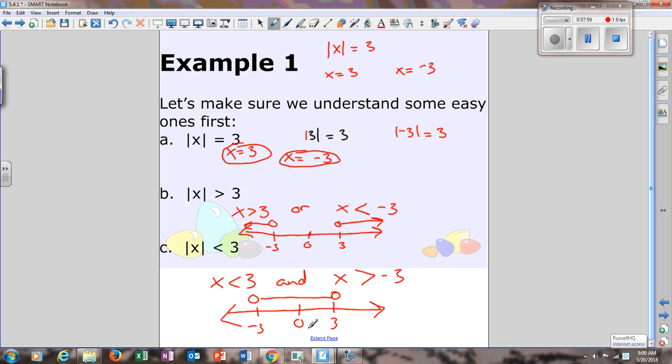Now, just to prove this is true for these 2 questions, it might not be making a whole lot of sense to you. How could it be less than -3 or greater than 3? Well, if you look at, let's choose any number, say 5. We're going to say x is 5. So when we plug that in, the absolute value of 5 is greater than 3.